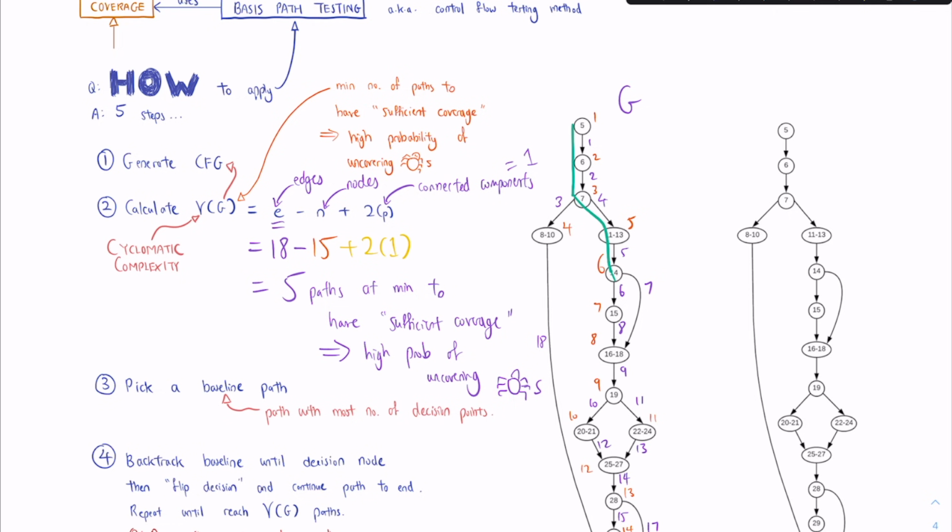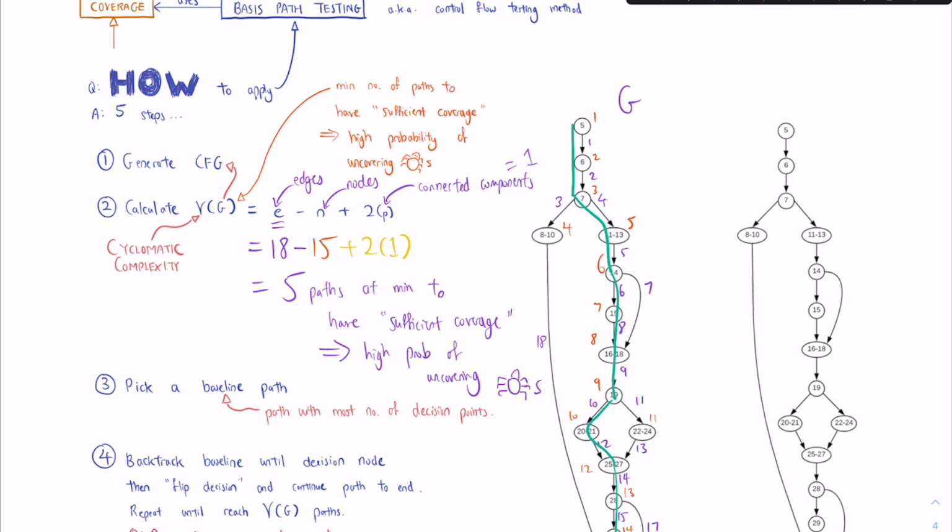Actually, it doesn't matter, left or right, we would still come to 19. At 19, we again need to choose left or right. Again, there is no difference in the number of decision points, so we would just go all the way to the end, because it doesn't really matter from this point onwards. We would have chosen a path that goes through the most number of decision points.